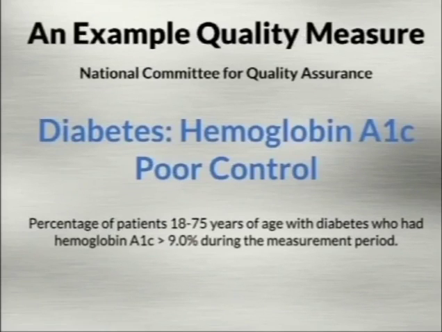To use a similar example of diabetes, this is a measure from the NCQA where the performance being evaluated is poor control of diabetes as reflected by hemoglobin A1C measures. So you're looking at patients with diabetes who have had a hemoglobin A1C level above a threshold.